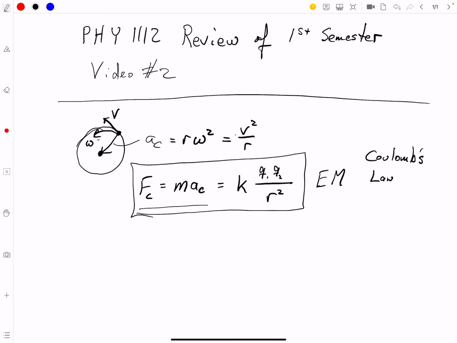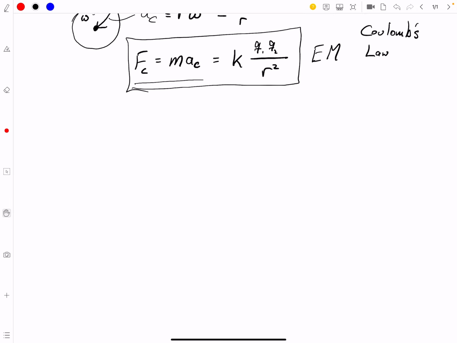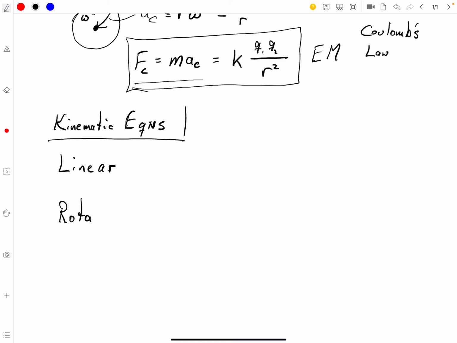I don't know if you guys remember, but if you don't, I'm going to remind you that we had kinematic equations. We had both linear and rotational.